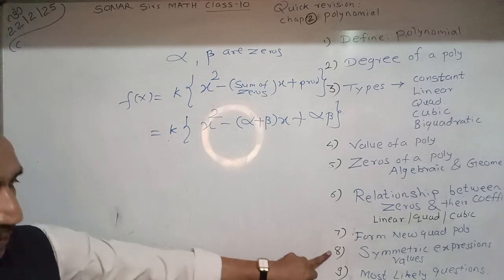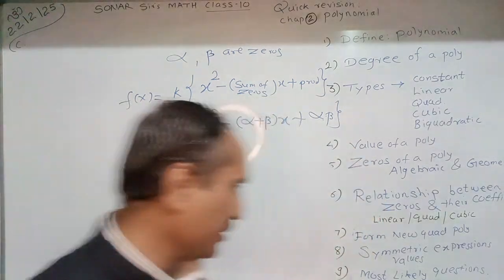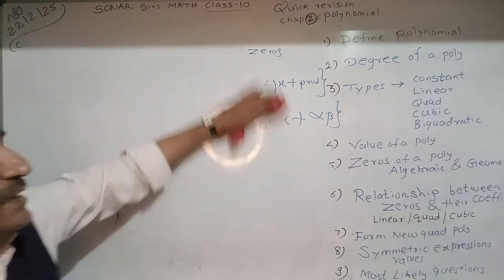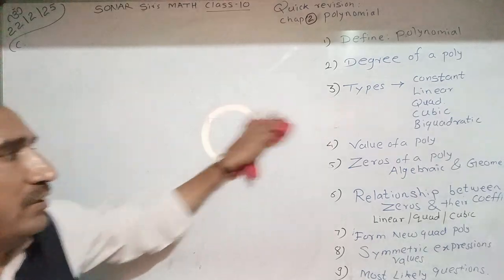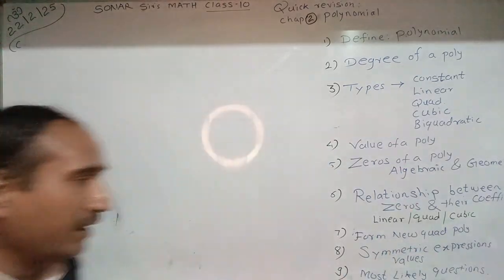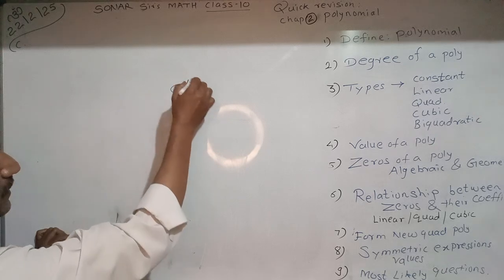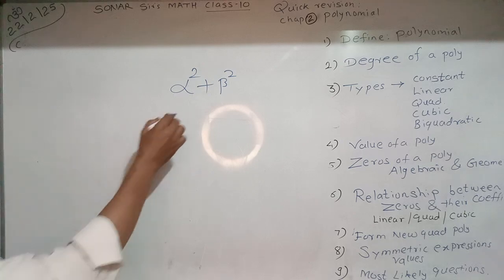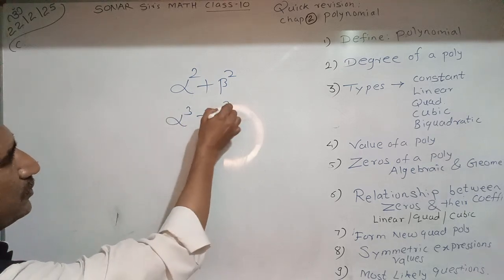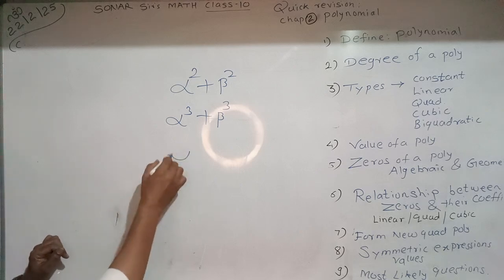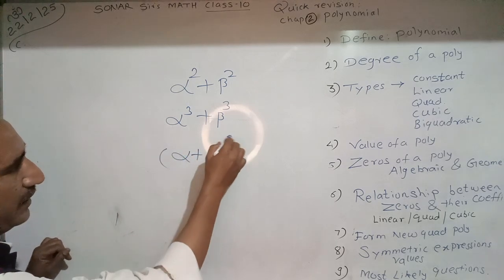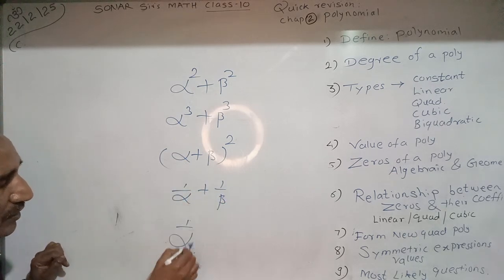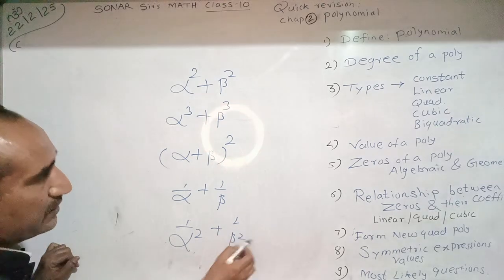Let's move to the last topic of the definitions, that is symmetric expressions and their values. Now what are symmetric expressions? Actually the word symmetric equation is not used, but here symmetric expressions mean alpha square plus beta square, alpha cube plus beta cube, then (alpha plus beta) whole square, then 1 upon alpha plus 1 upon beta, 1 upon alpha square, 1 upon beta square.